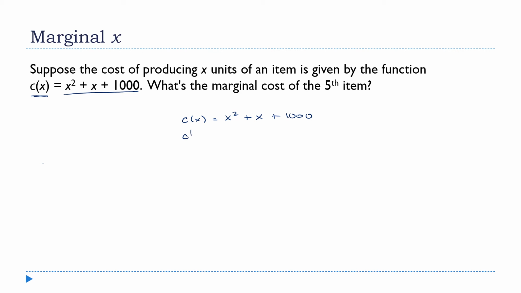So C prime of x is 2x plus 1. And I know from our previous conversation, the marginal cost of producing the fifth item is C prime of 5, which is 2 times 5 plus 1, and that's 11. And we're talking about cost, so my units here would be dollars.